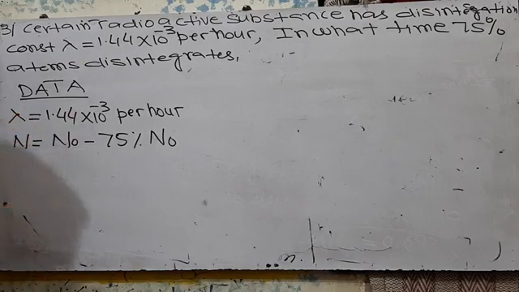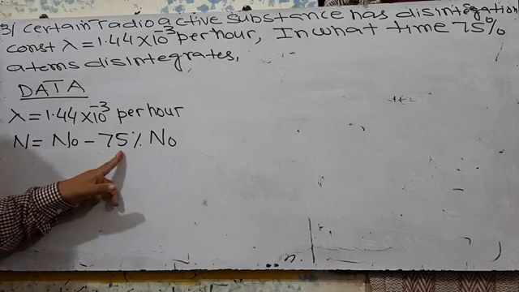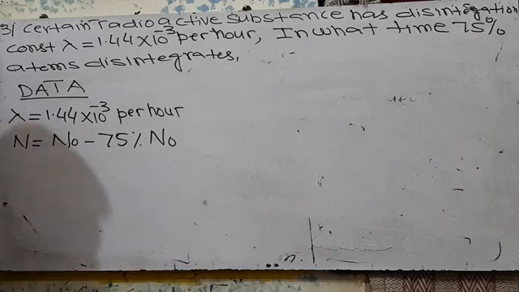We have to find the time in which 75% of the radioactive elements have been disintegrated.